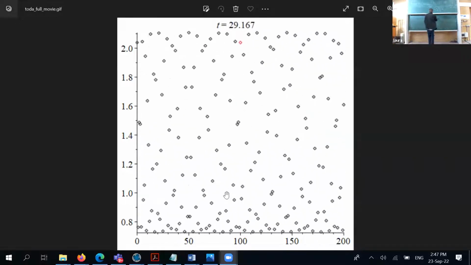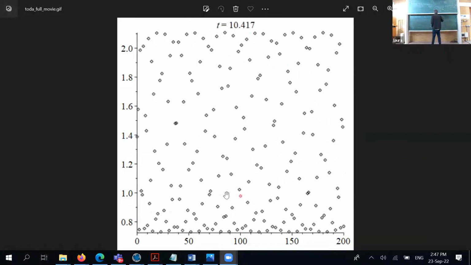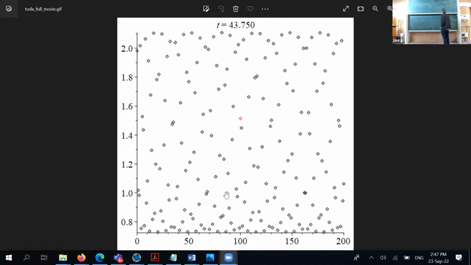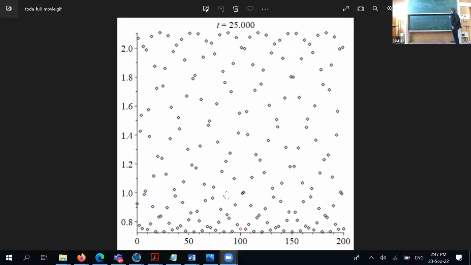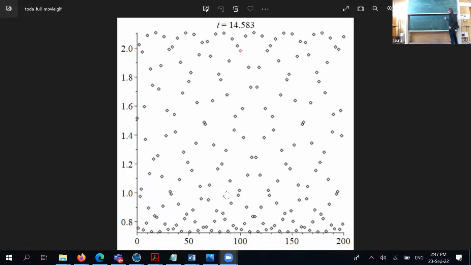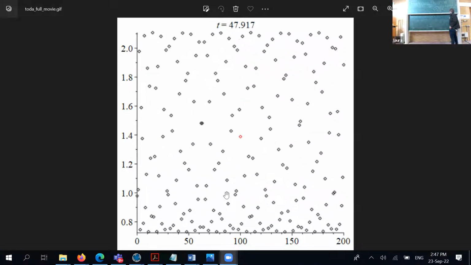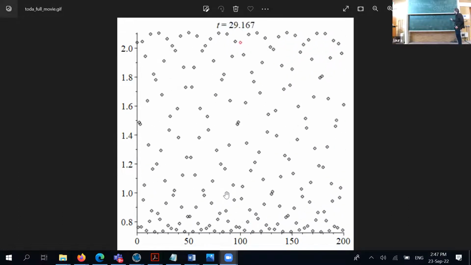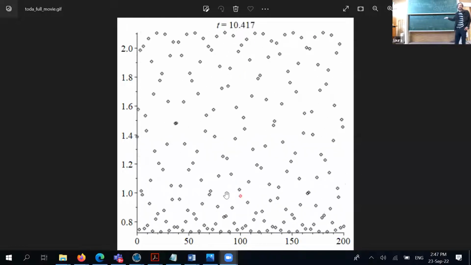Or a better way of saying this is that the determinant of L, the characteristic polynomial of L, is independent of n. But that's built into the thing, because that's the curve C that we started with.